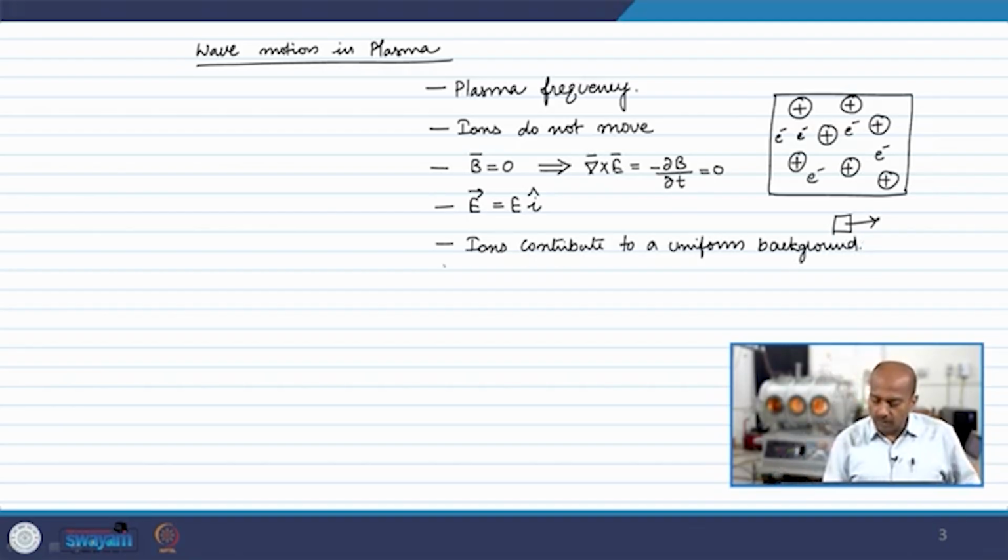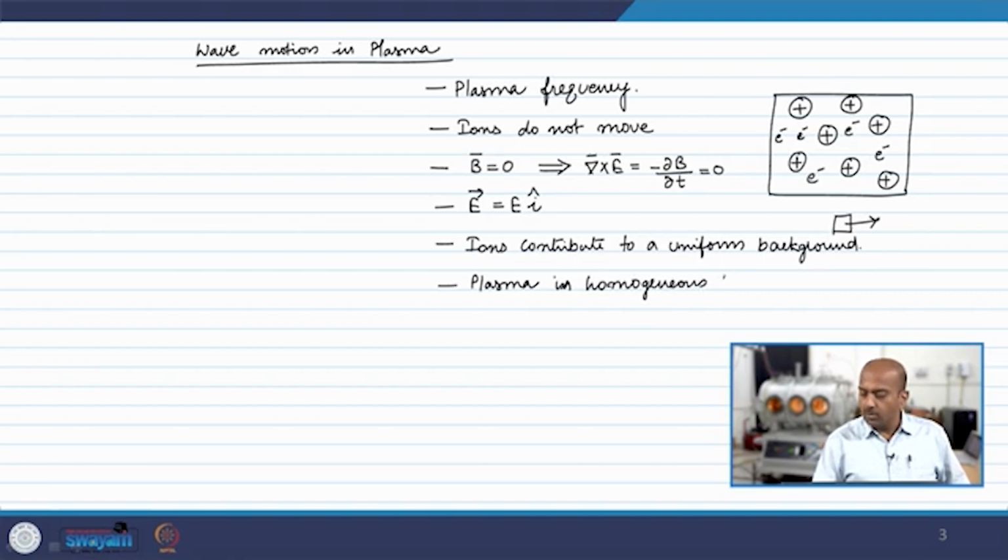The ions contribute to a uniform background. And we take that plasma is homogeneous and infinitely extended.